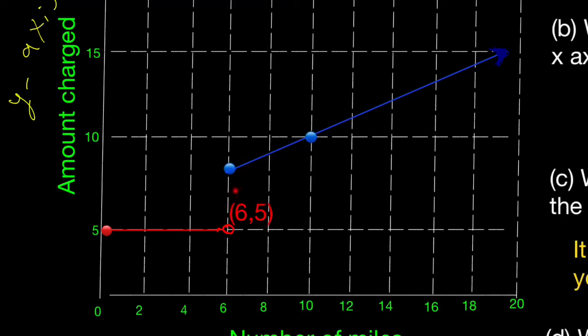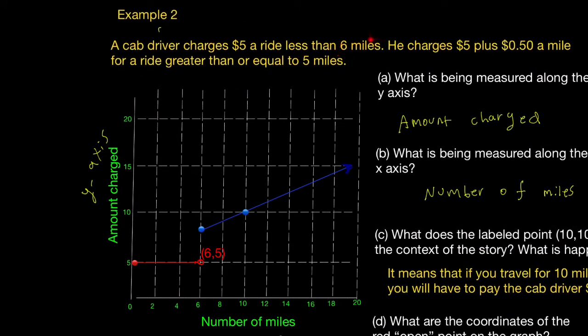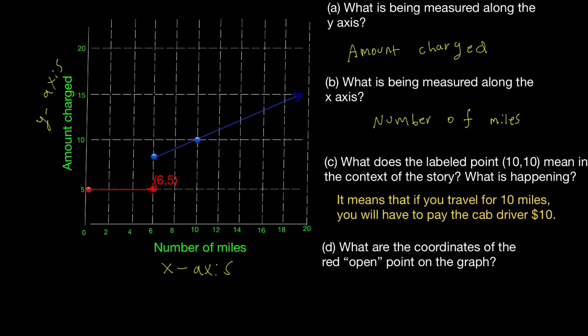Here you can see that if we were traveling 6 miles, instead of getting charged the $5, we would get charged the $5 plus the 0.5, or the 50 cents per mile. So we can say that at this point is where we begin to get charged the 50 cents per mile.